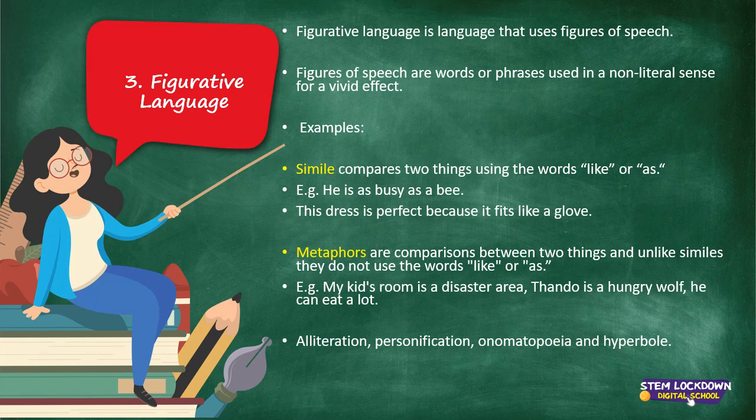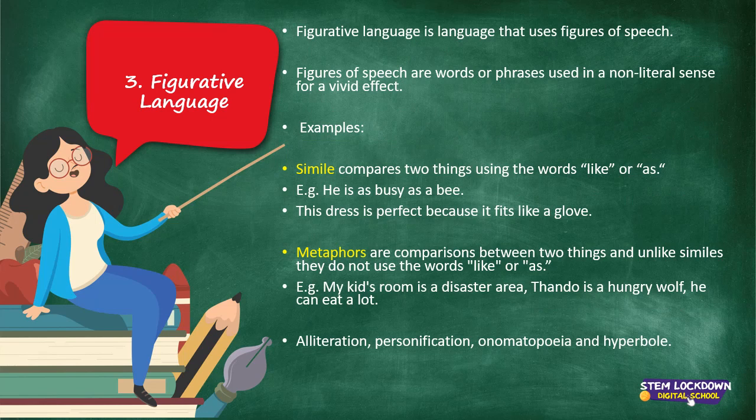So a simile is part of the figures of speech, because it compares two things using the words like or as. For instance, with these two examples, in the first one a person is being compared to a bee, and in the second example, a dress is being compared to a glove.